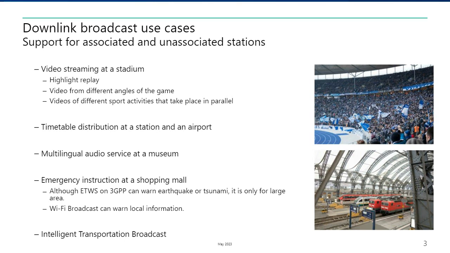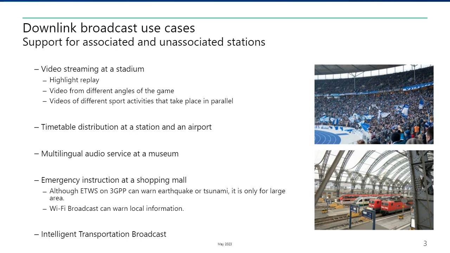Also, emergency instructions that are available at the shopping mall and are broadcast via Wi-Fi to phones located within the shopping mall are in scope here as one particular use case. And of course, broadcast services enable intelligent transportation broadcast services for non-safety-critical environments.